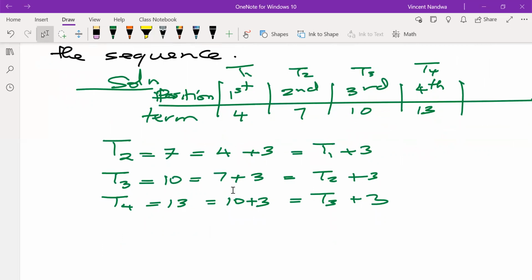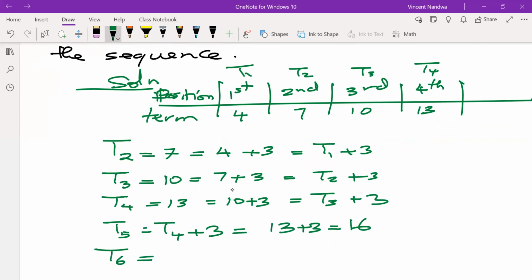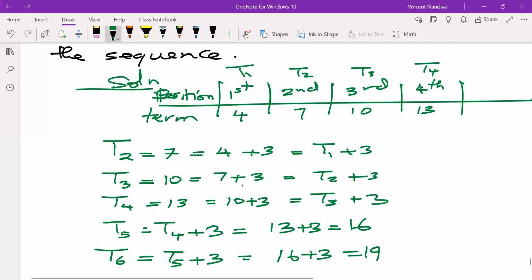So therefore, T5 will be simply T4 plus 3, which will be 13 plus 3 to get 16. T6 will be T5 plus 3, which will be 16 plus 3 to get 19.